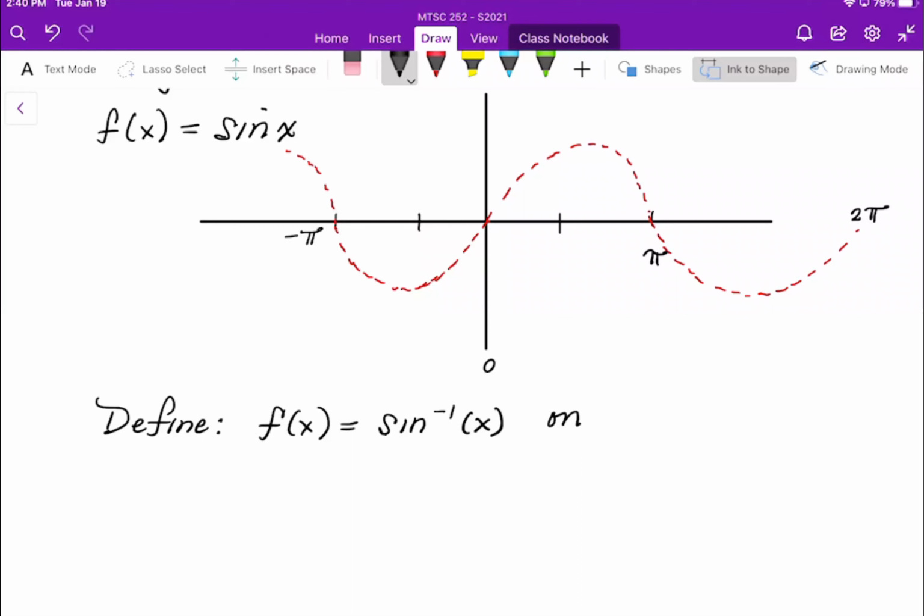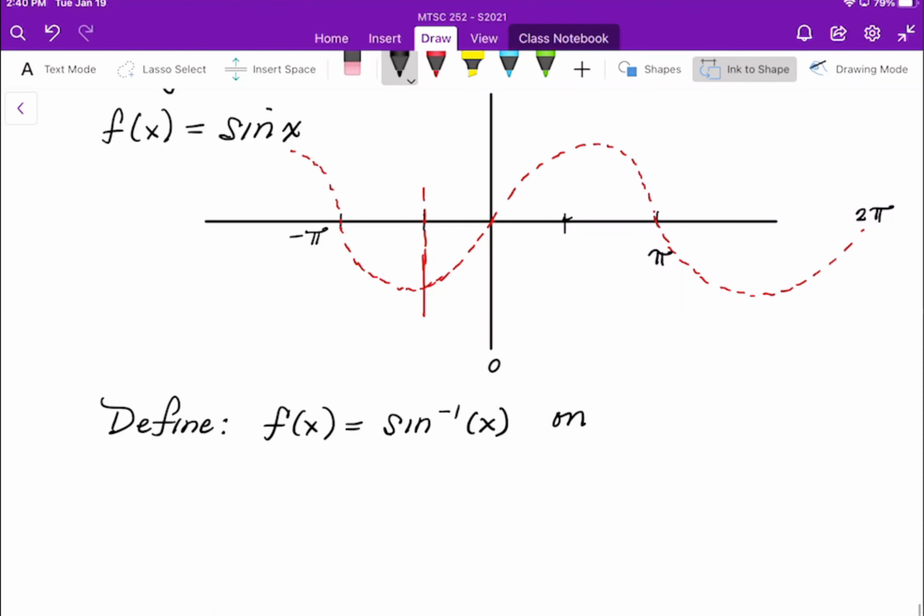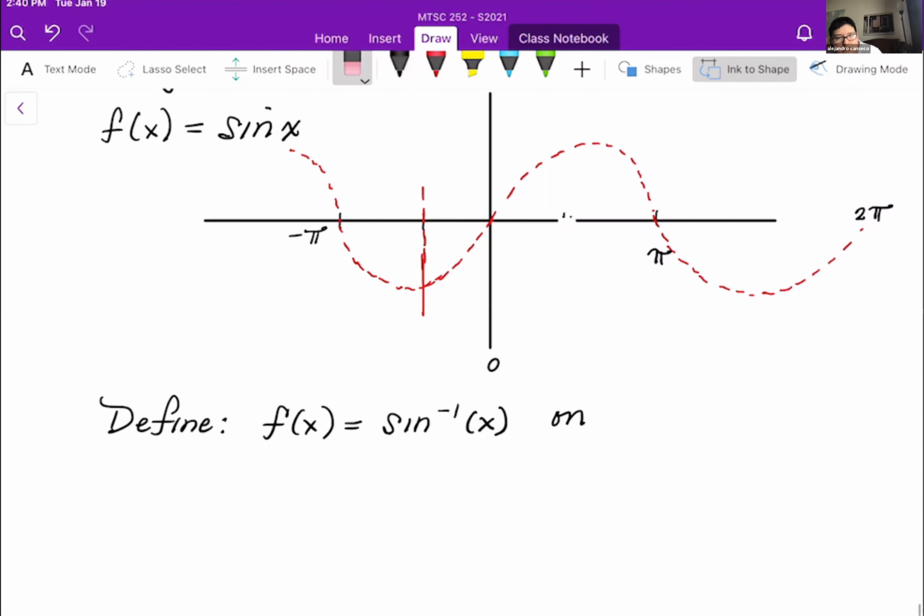No, we do it minus pi over 2 to pi over 2. From here, we're going to cut it off here, and we're going to cut it off right here. So we're only going to take this piece.